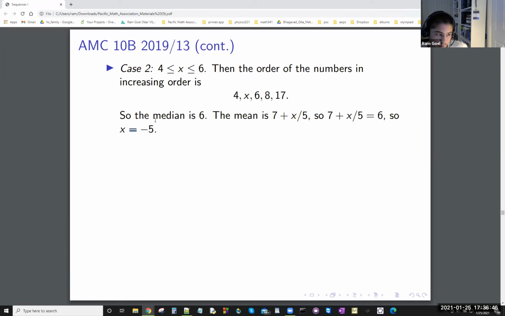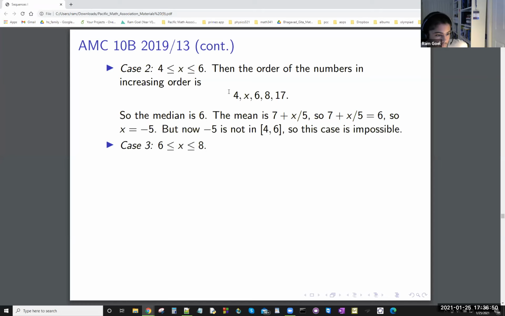But this is not a possibility because -5 is not in this range. These brackets just mean 4 to 6 inclusive. So this case is impossible. We cannot have any solutions for the mean equaling the median if x is between 4 and 6.